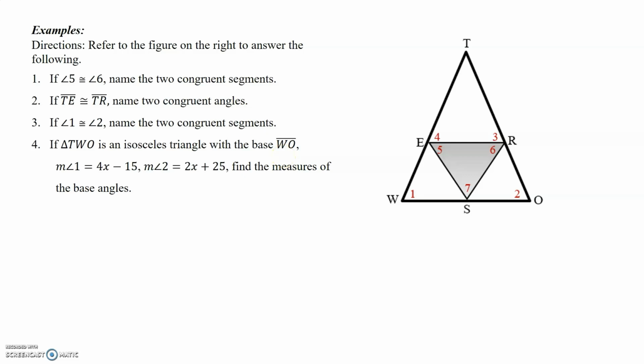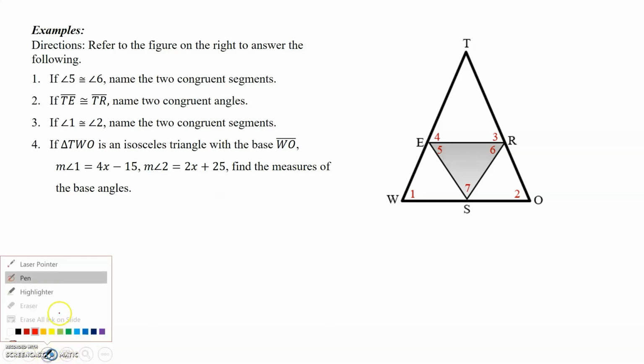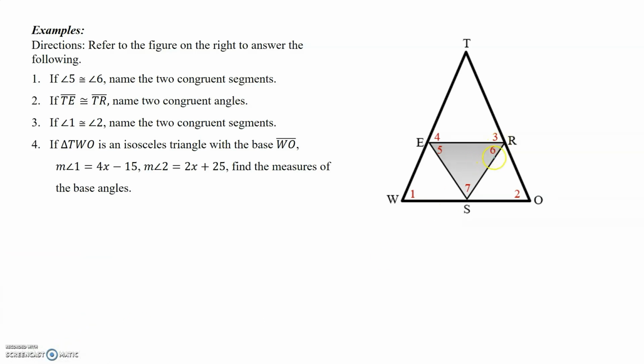Okay, let's have this one. Refer to the figure on the right to answer the following. If angle 5 is congruent to angle 6, name the two congruent segments. So here, angle 5 is congruent to angle 6.